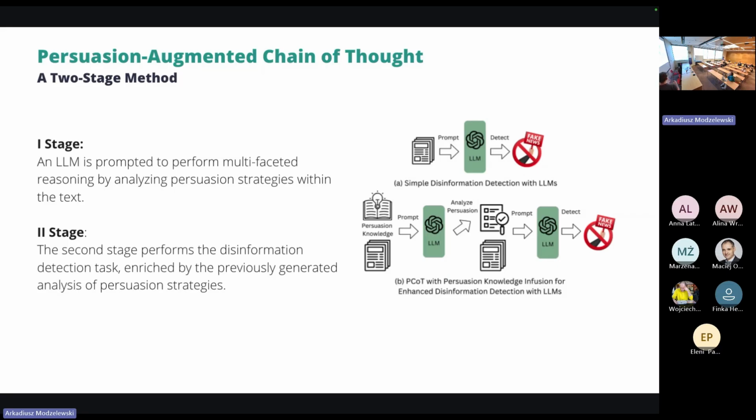Then we use this persuasion analysis together with the same article, and we pass it again to the large language model to detect disinformation. And it seems that even this quite simple step may improve disinformation detection.